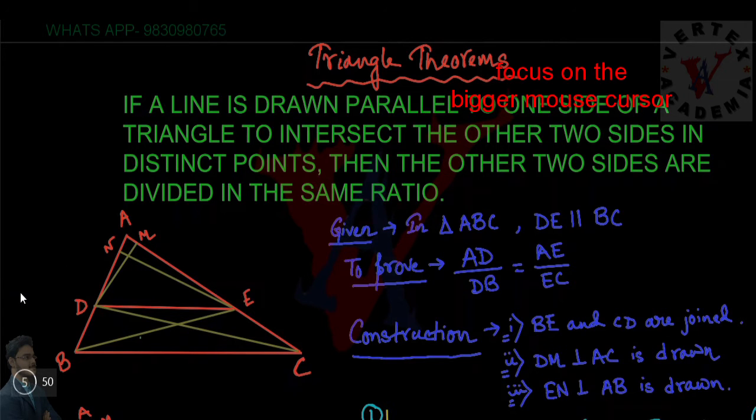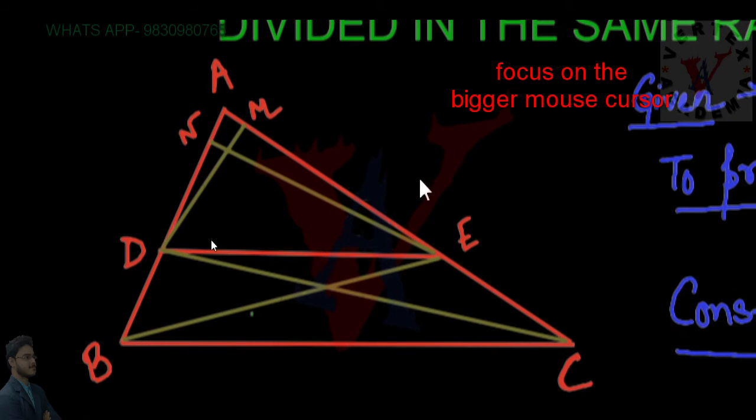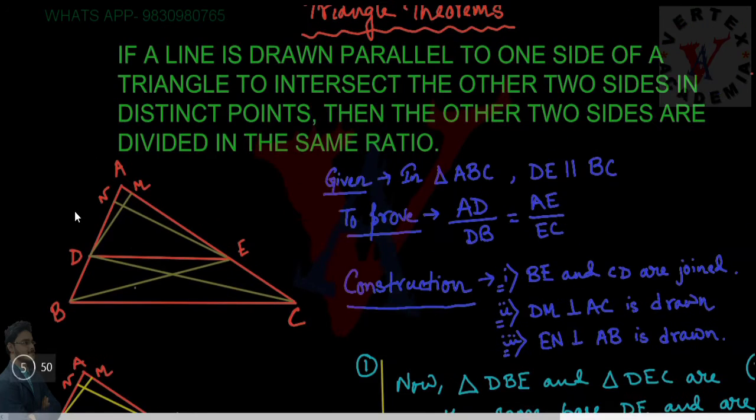So let me zoom again and explain the constructions: joining of BE and CD, DM drawn perpendicular to AC, and EN drawn perpendicular to the side AB. I hope this is clear.